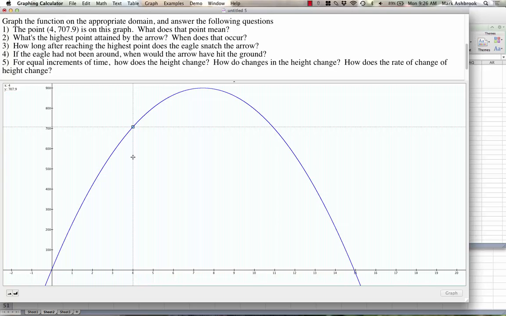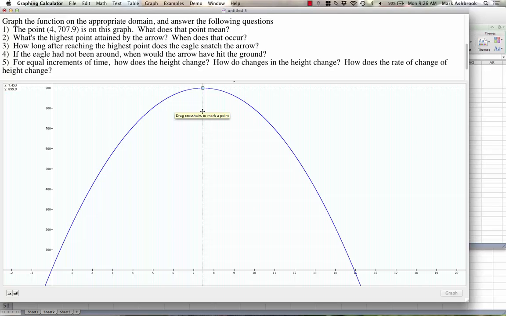Okay, what's the highest point attained by the arrow? Did we get it? Let's see. Matt thinks he got it. 900 feet. Exactly 900? That's what I got. One off. A little bit, just under 900? Yeah. Just under 900.